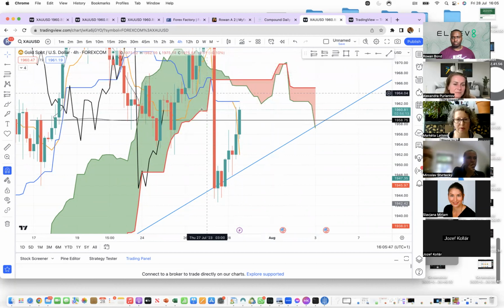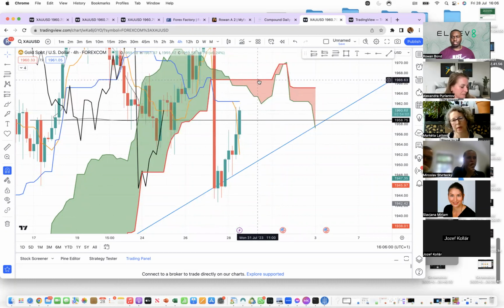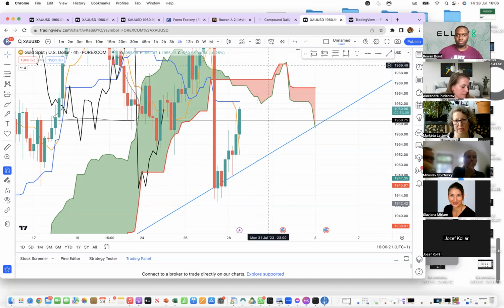When you see it really flat, it means that it's a very strong resistance zone, especially if you see it on the 4-hour, 12-hour, or daily, it's a very strong area of support or resistance.